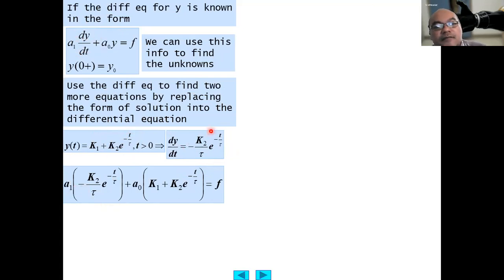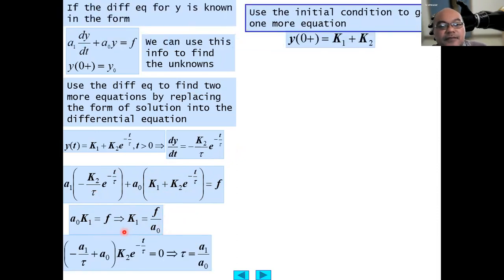So from here, we insert into this equation. This becomes A1 times minus k2 over tau exponent minus t over tau, plus A0 times the value of y, which is k1 plus k2 exponent minus t over tau, equals f. From here, we obtain A0 k1 equals f, with k1 equals f over A0.